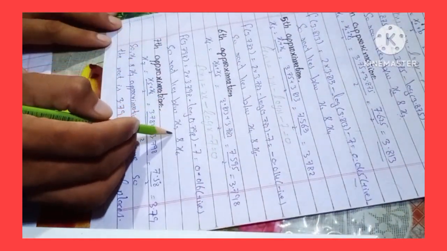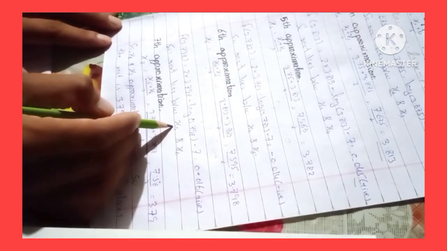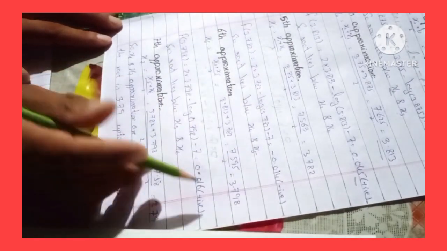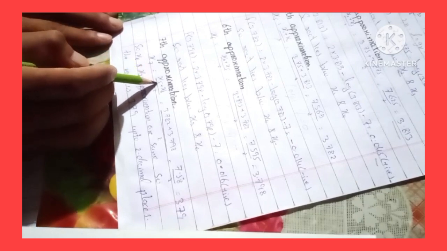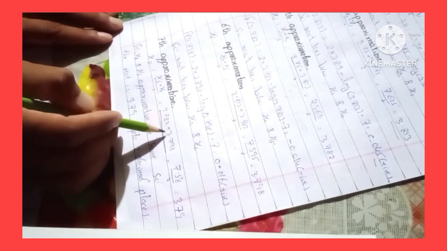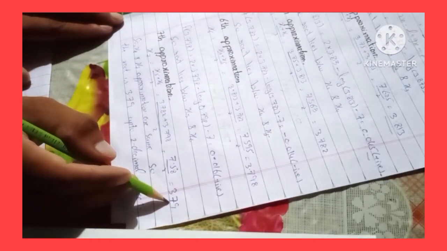So the root lies between x5 and x6, because x5 is a negative value and x6 is a positive value. The seventh approximation is (x5 plus x6) divided by 2. Its answer is 3.79.